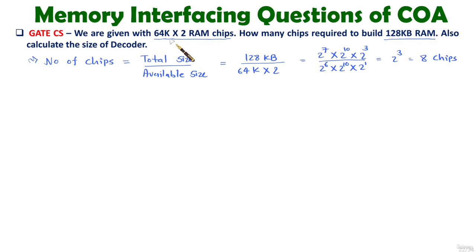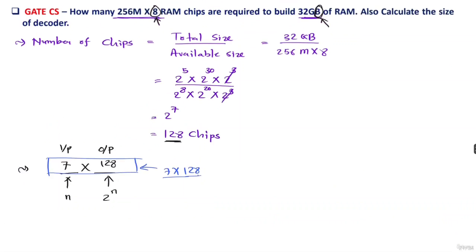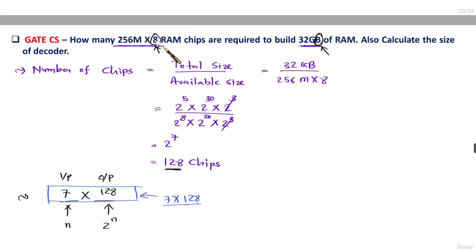Now previously, in my questions where we were calculating decoder size, the size of data was the same. Here the required size has data of B, that is 8 bits, and the available size also has data of 8.